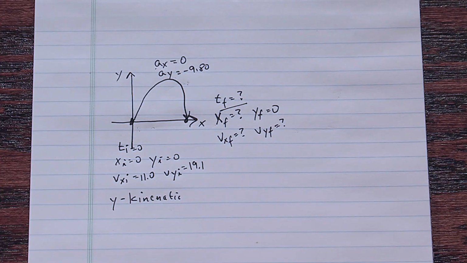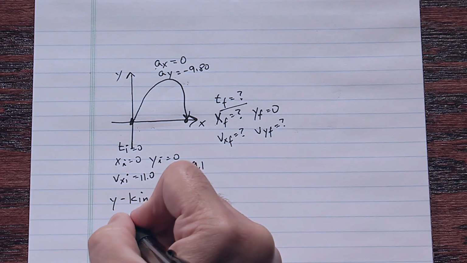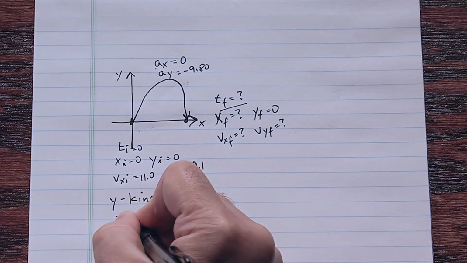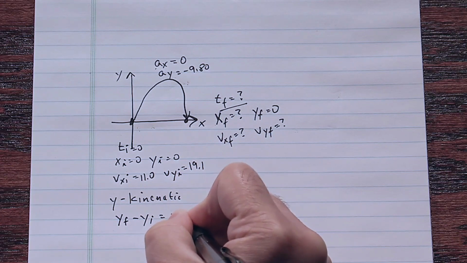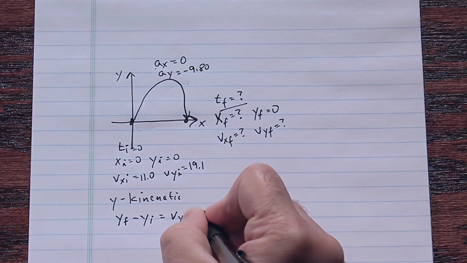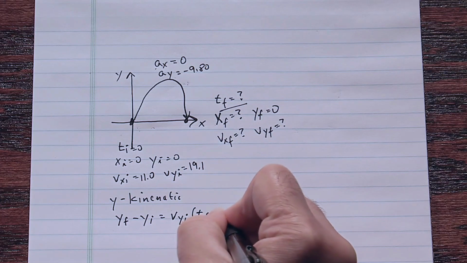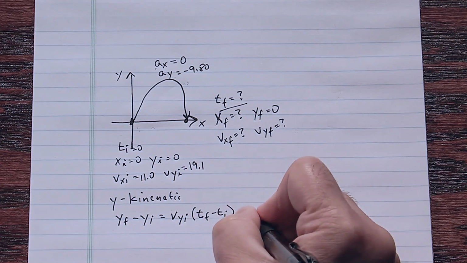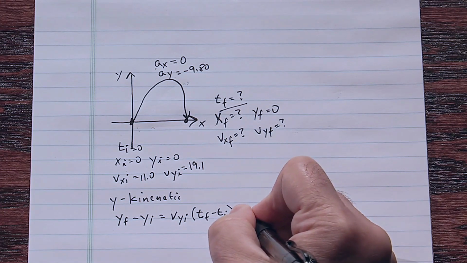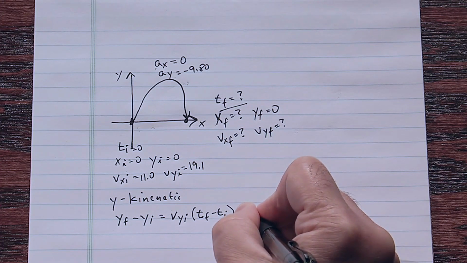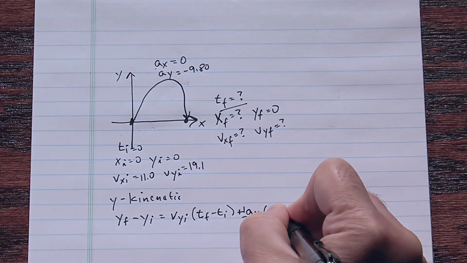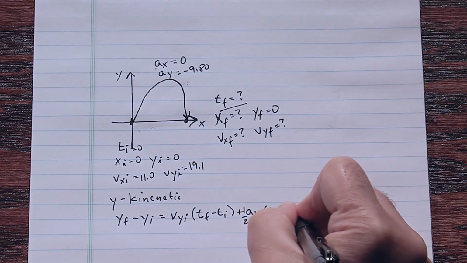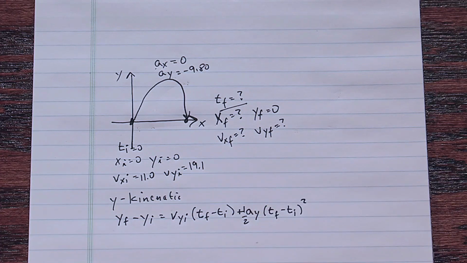So we want our y equation that doesn't have Vy final in it, and that would be y final minus y initial is equal to Vy initial times t final minus t initial plus 1/2 ay times t final minus t initial squared.